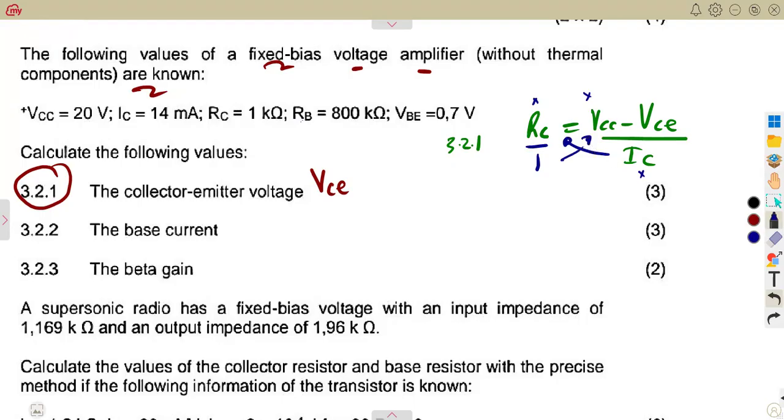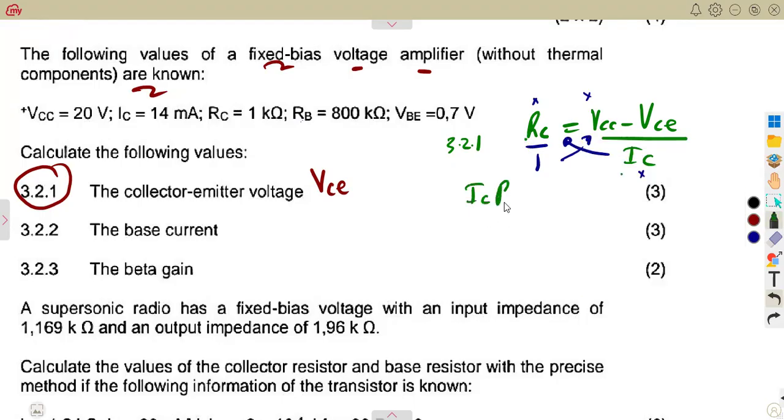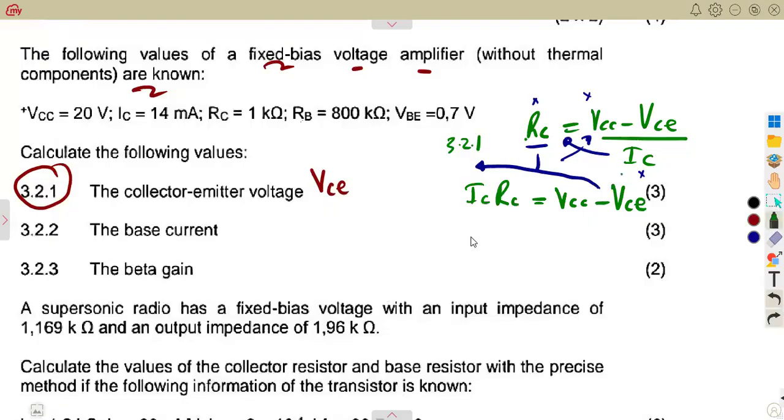Let's cross multiply. RC times IC is equal to 1 times VCC minus VCE. Guys, you need to make VCE the subject. So it's a negative here, and we can take it across the equal sign so that it becomes a positive.